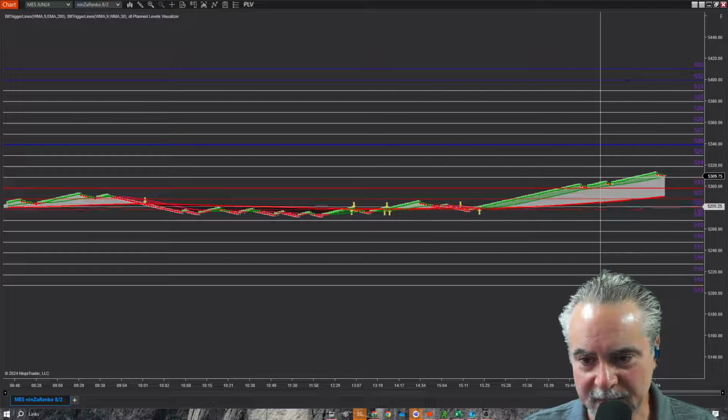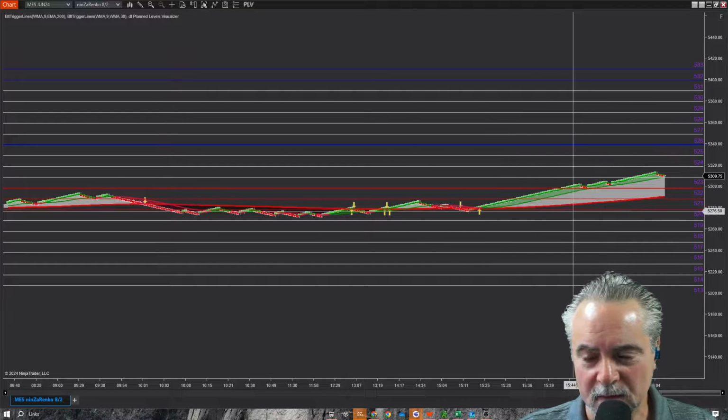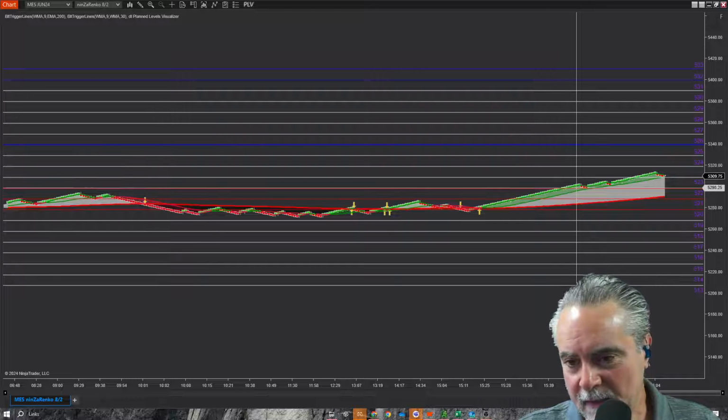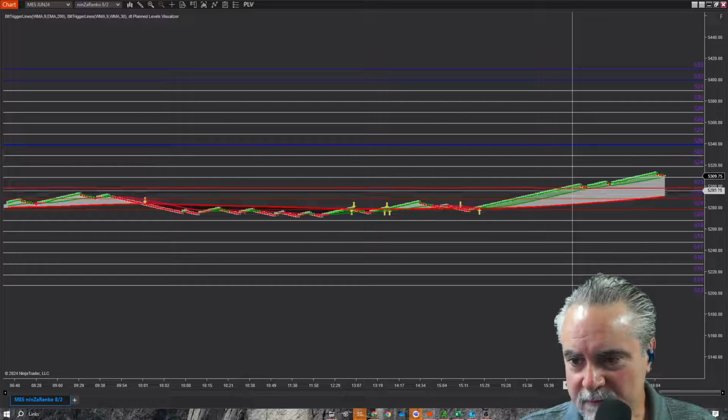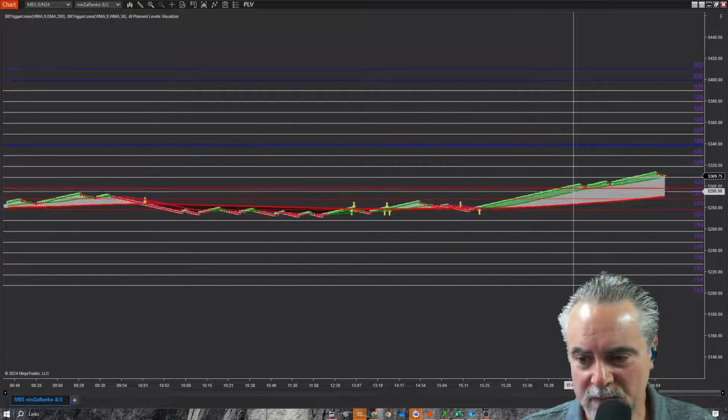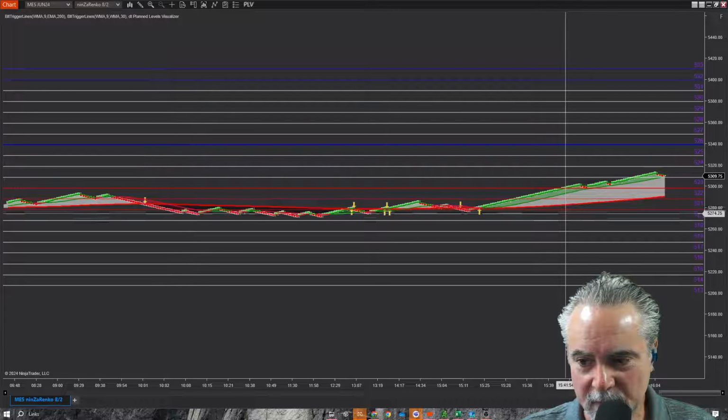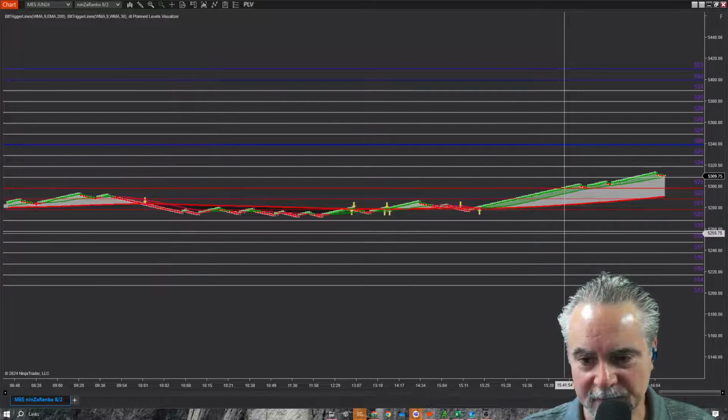So these red levels, these are all calls. And at 2 o'clock this afternoon, these were not the most heavily weighted calls. The heavily weighted calls were 520, 519, and 518.